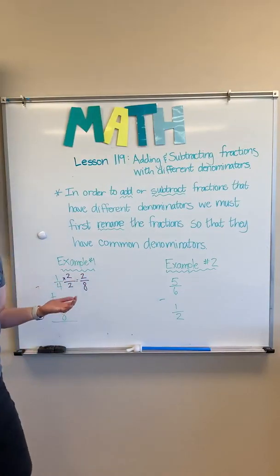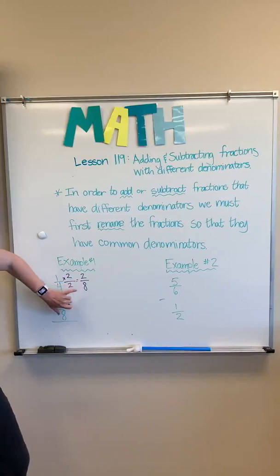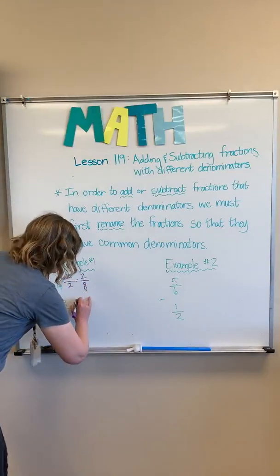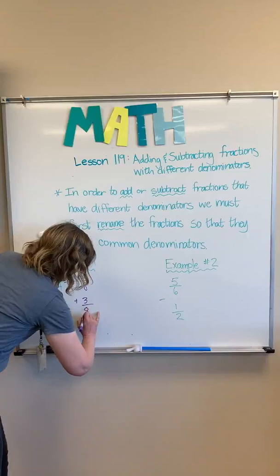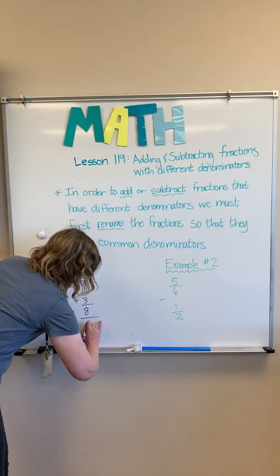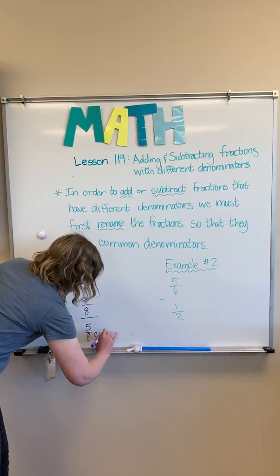And suddenly I'm in business because I know that I can add 2/8 to 3/8 because our denominators are now the same. So I take 2/8 and I add 3/8 to that, and our answer is 5/8 of a cup of milk that they will need.